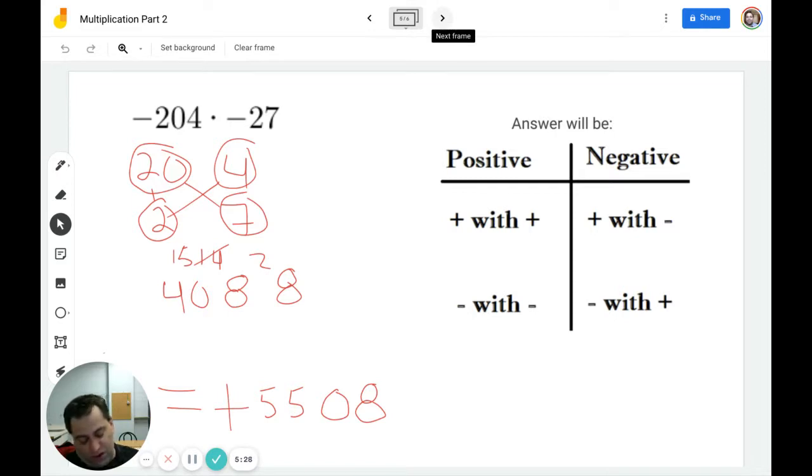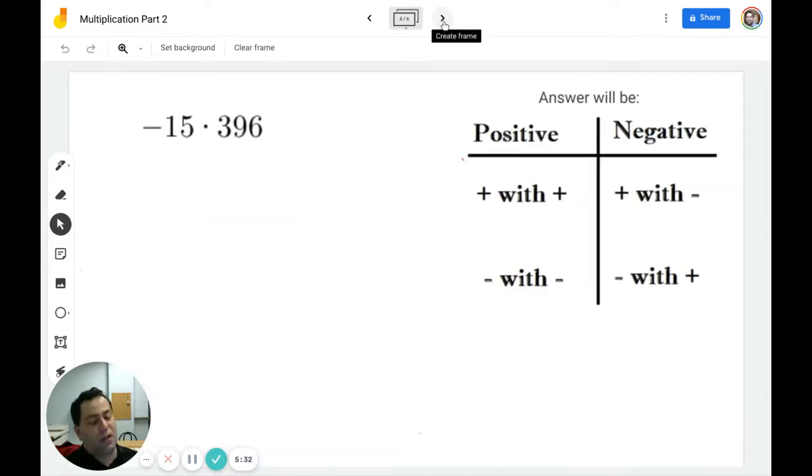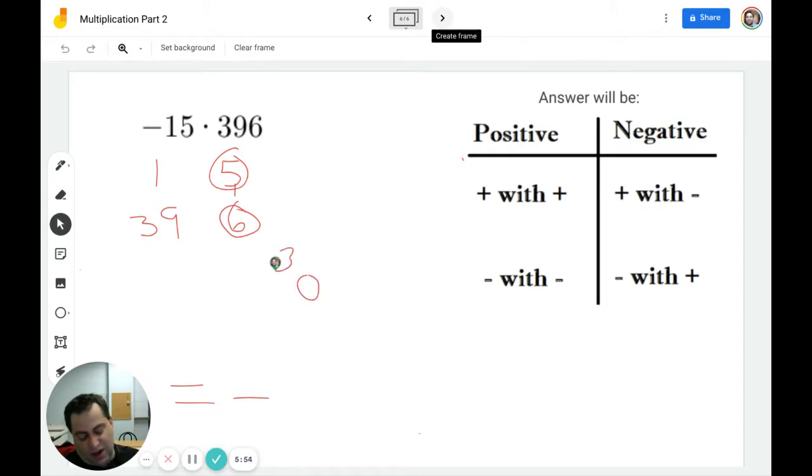There's one more problem here in our problem set. We have negative 15 times 396. So I have a negative times a positive, which means my answer is going to be negative. I'm going to write my box out to be 1, 5, 39, and 6. Starting with 5 times 6, I get 30. I got 6 plus 5 times 39.